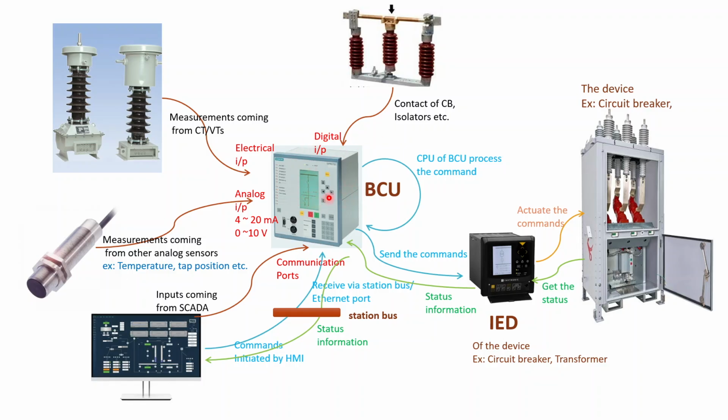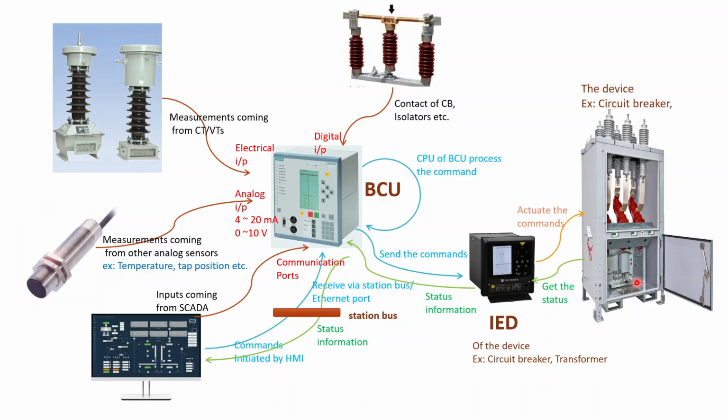This processing unit will process this command, right, and identify what this command is, and for what device this command is, and so on. And then it sends this command to the corresponding IED of that particular device. So the device could be a circuit breaker or a transformer, right?